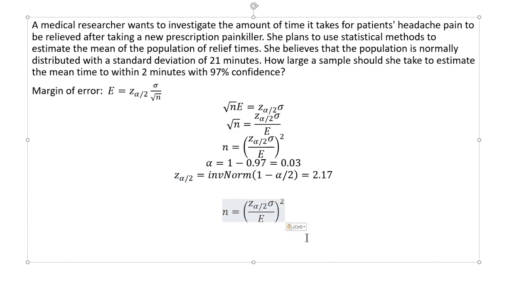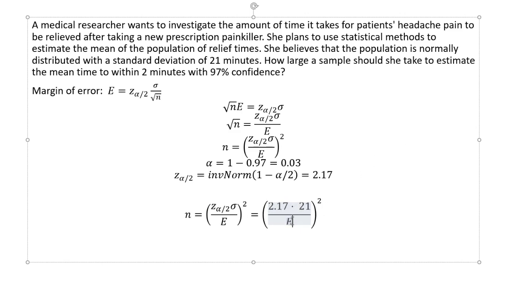This is now equal to, first, the z alpha over 2 is replaced by 2.17. Sigma is given to us, it's 21. So let's multiply.